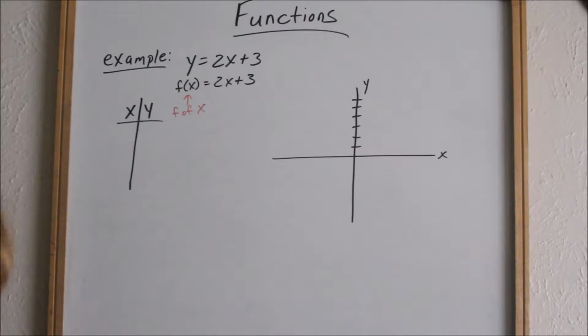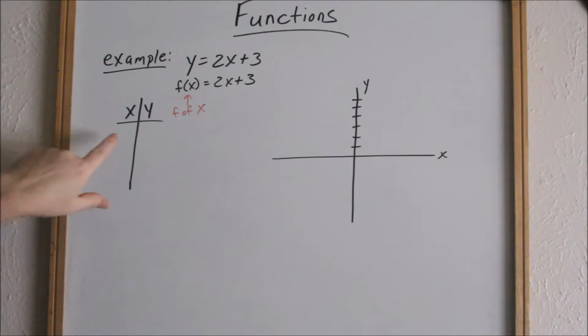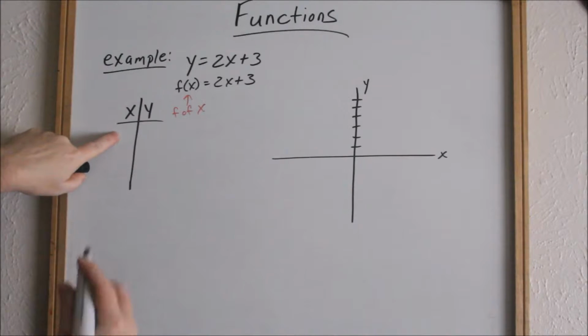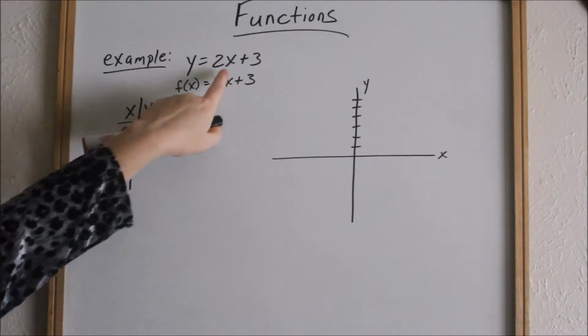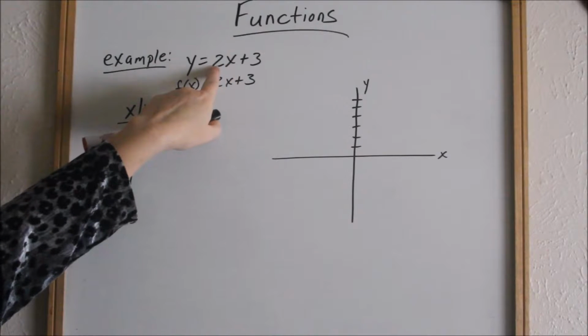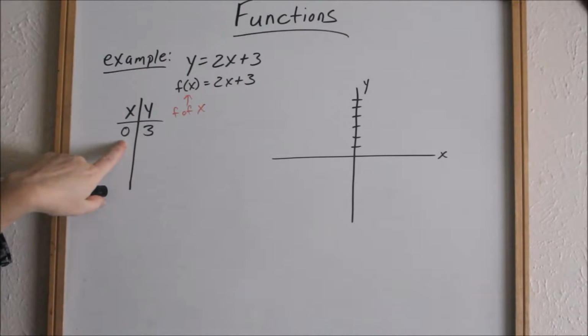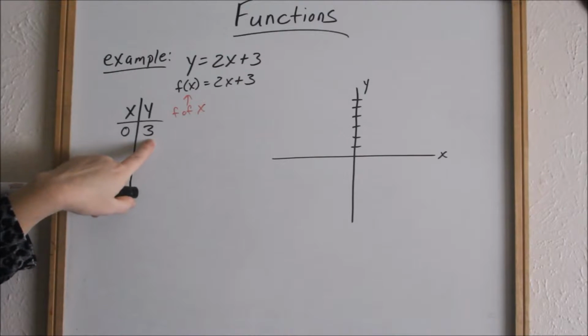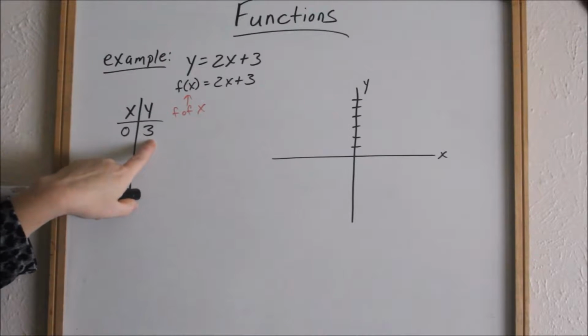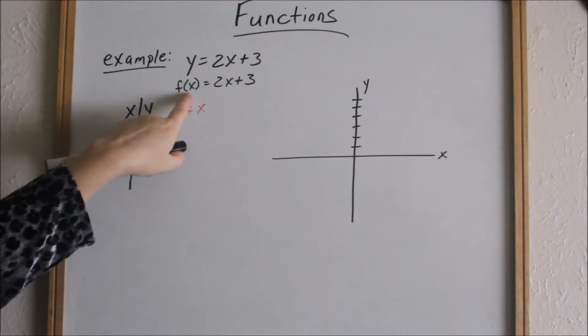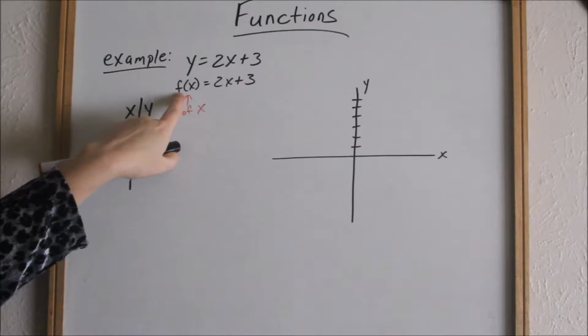Just to show you how that is so, y is dependent upon what x is. Let's say we choose x to be 0. If we put 0 in here, that means 2 times 0 is 0, and 0 plus 3 is 3. We picked a value for x, and y was dependent upon that value. So y is a function of x, and this is why we use the notation f of x.